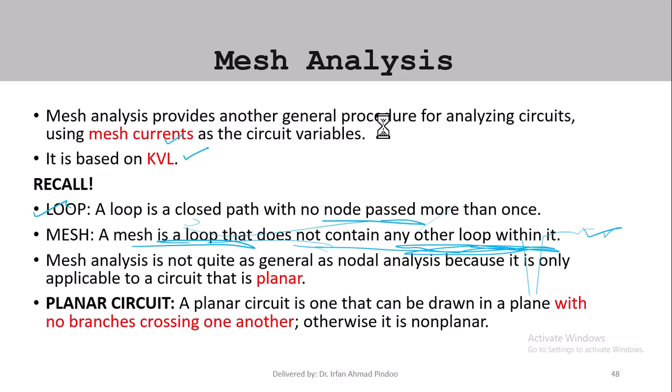The second important point is that mesh analysis is based on planar circuits. Now what are planar circuits? It's a circuit that can be drawn in a plane with no branches crossing each other. If the branches are crossing each other, then it becomes non-planar. So let us understand planar and non-planar.